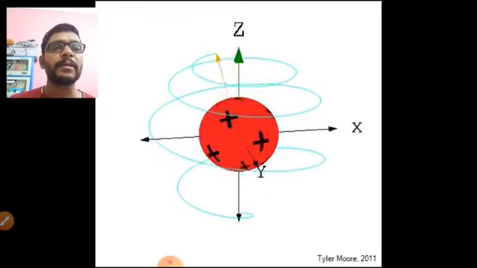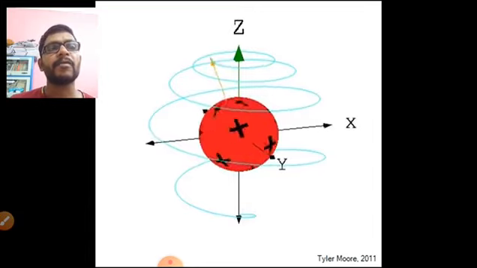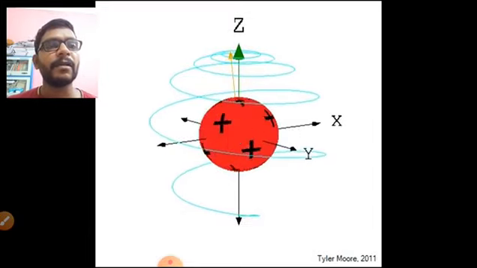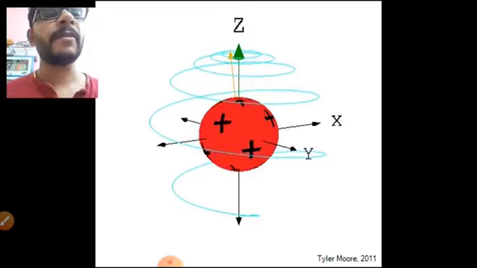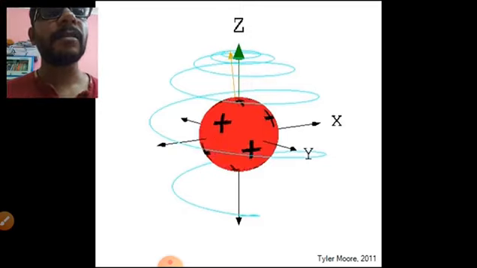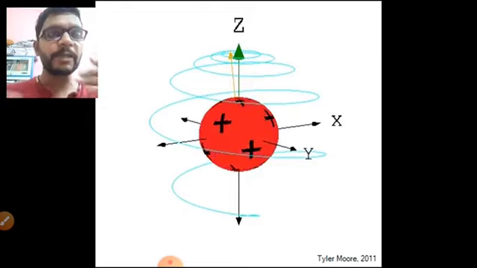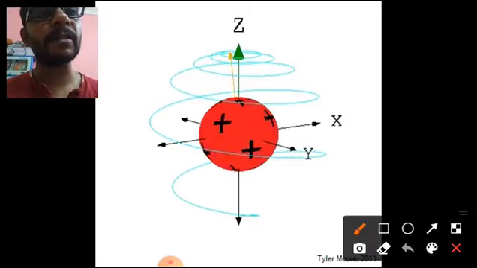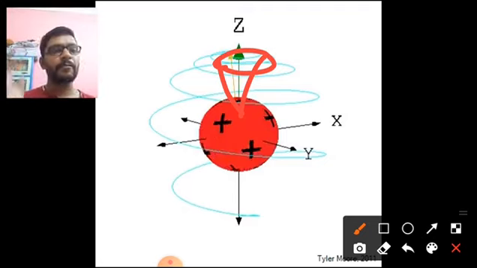If it rotates about its own axis, that is called spinning. If you observe here, it forms one cone. When the rotating axis rotates about a fixed axis, it forms one cone during this process.